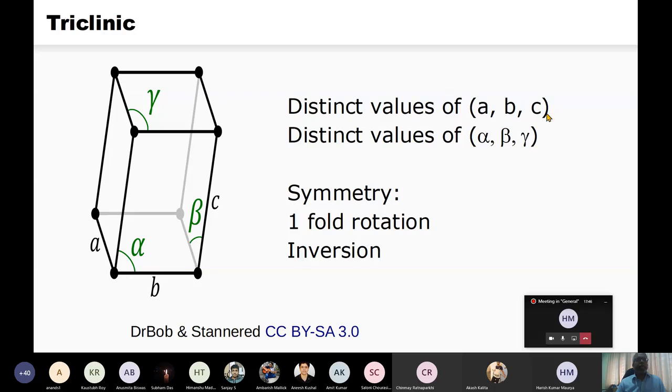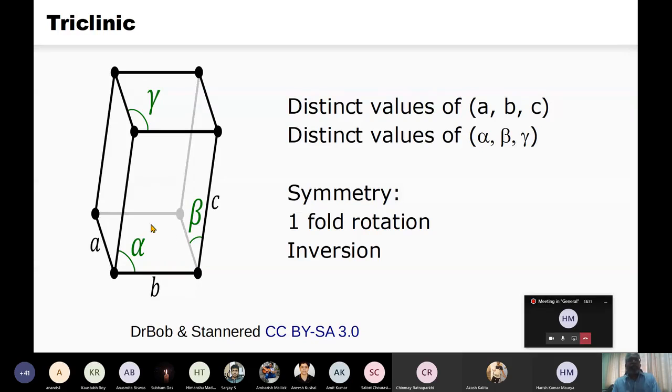So a, b, and c are all distinct, and alpha, beta, gamma are all distinct and non-special. That is, special would be any of those angles such as 60 degrees, 90 degrees, 120 degrees, and 180 degrees, and so on. So we don't have any of those special values.